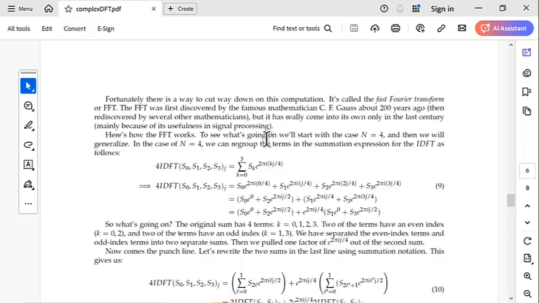Now, we're going to start with the Fourier transform. So you think of these as the frequency components. And we're going to work our way backwards to the signal values. All right, so we'll just look at s at n equal 4.